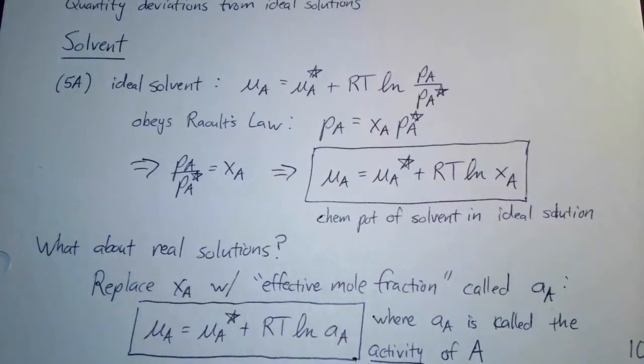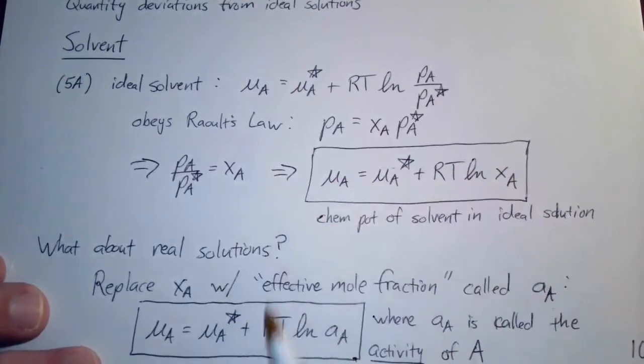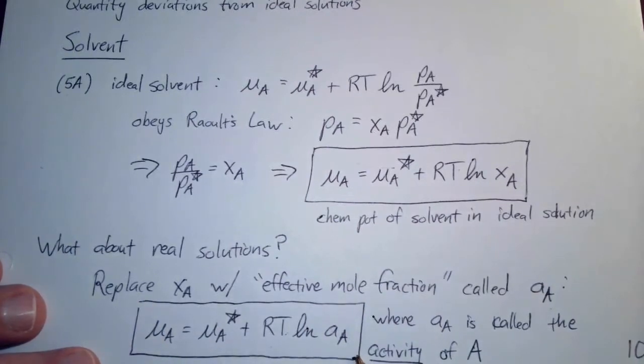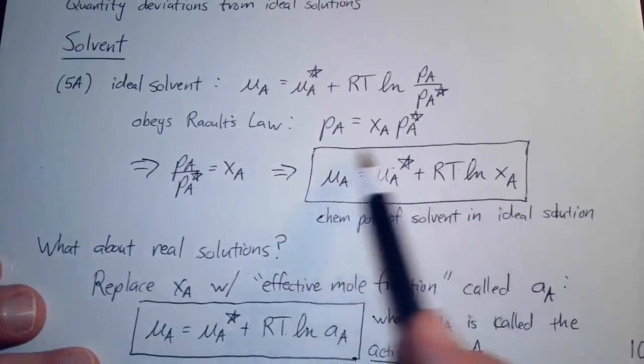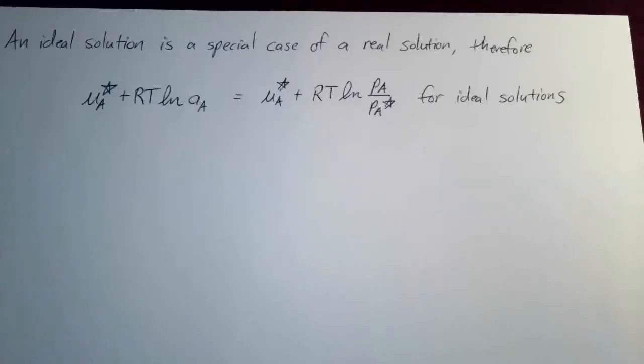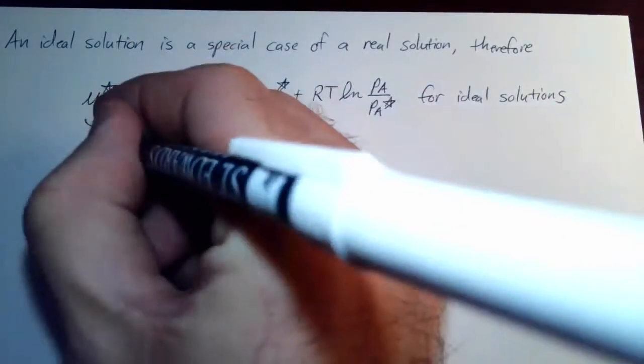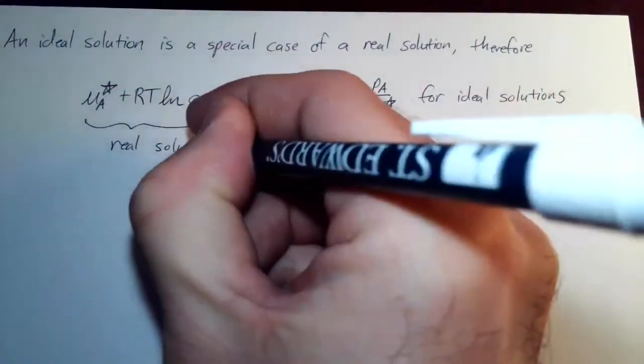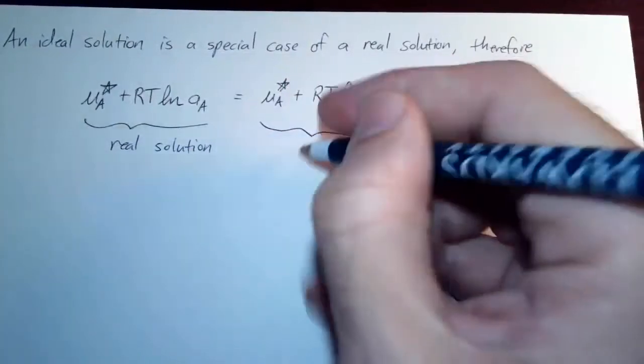Okay. Now, an ideal solution is a special case of a real solution. So in the ideal case, I can equate these two equations that are in boxes here. You can think of this one as always true, whether it's ideal or not. This one is true when it's ideal. So in the ideal case, these are both true, and so we're going to equate them. Equating the two equations in the boxes, on the left here, we have the real solution, and on the right, we have the ideal solution.